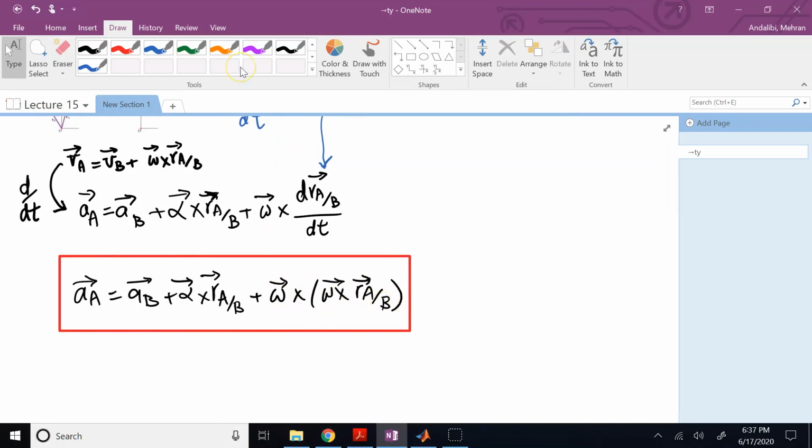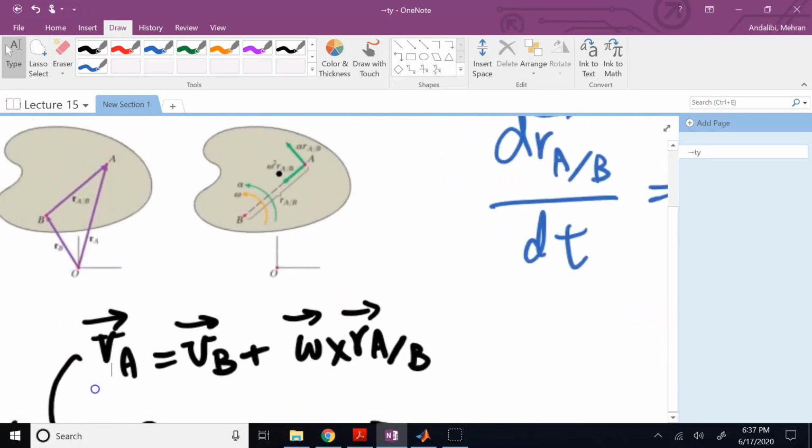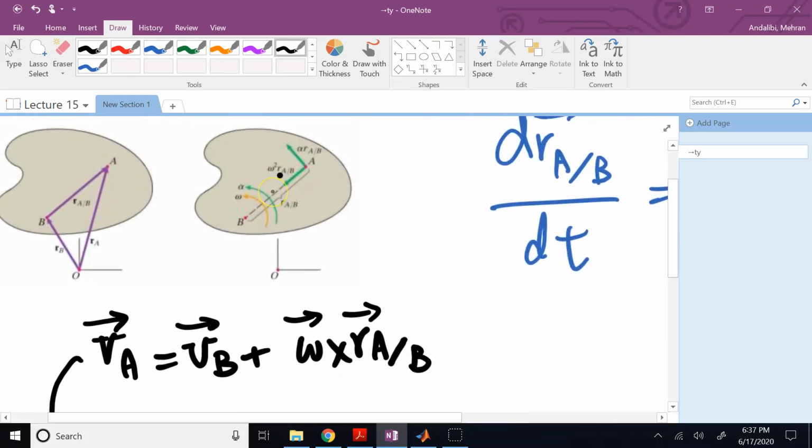And if the problem is a simple 2D problem, like the one we are dealing with right now, then I can show you that r of A with respect to B is in the plane and omega is out of the plane, so they are perpendicular. Therefore, this term here can be simplified to a magnitude of omega squared times r of A with respect to B, which is what you see here.